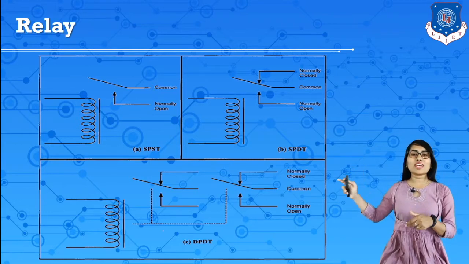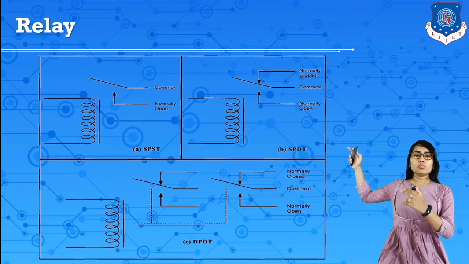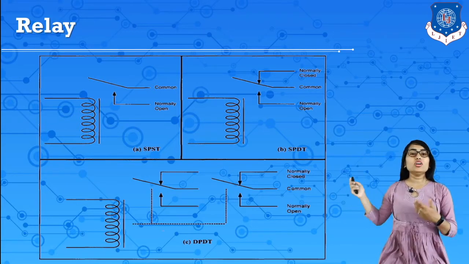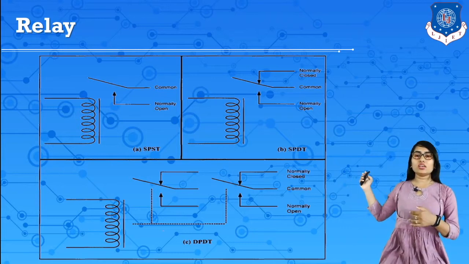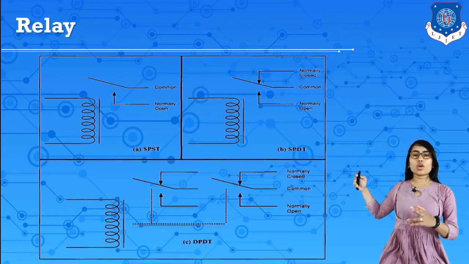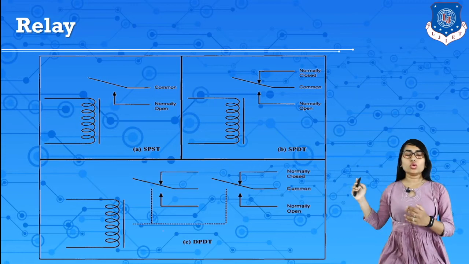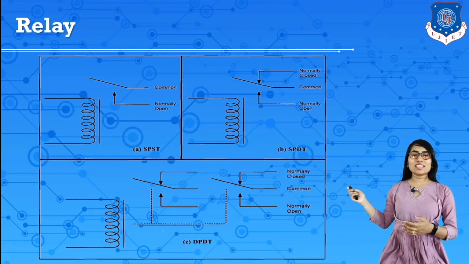When the coil is energized, it pulls these lines and it works as a closed circuit, so current can flow and we have a closed switch. If the connection is already there, that means it is normally closed, so after the coil is energized it will repel this, and it will work as an open circuit. So these are relay circuits.